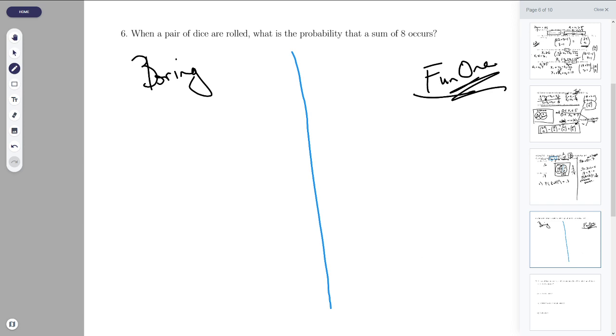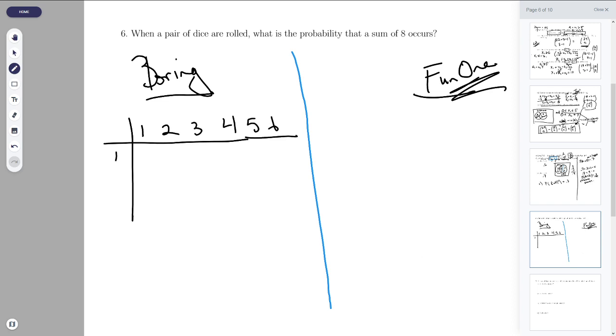This is how I used to teach journalism majors to do it, so this is the easy way to do it, but it's also boring. What we're going to do is list out all the possibilities of two dice rolls. So 1, 2, 3, 4, 5, 6. There we go. 1, 2, 3, 4, 5, 6.